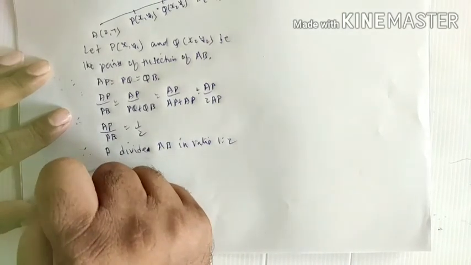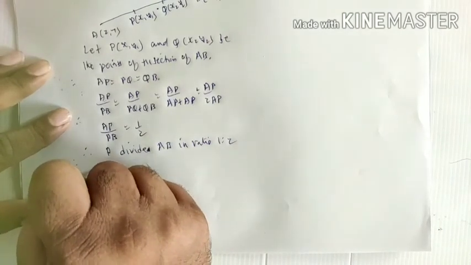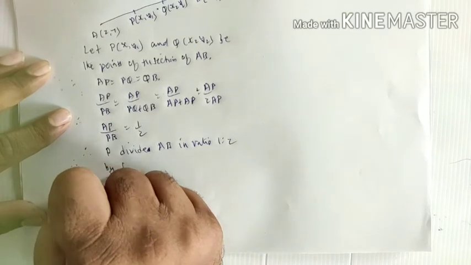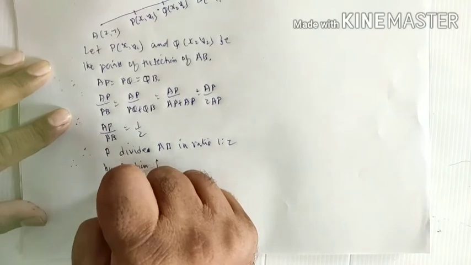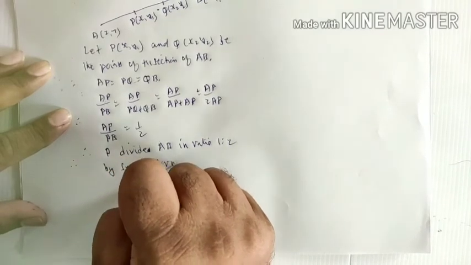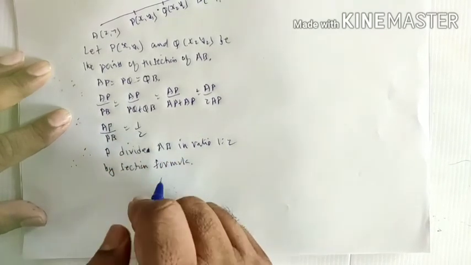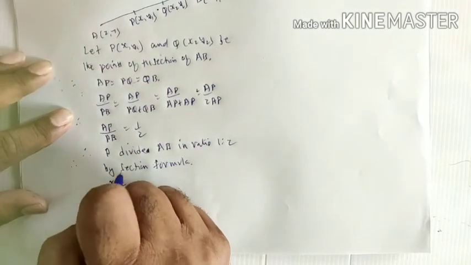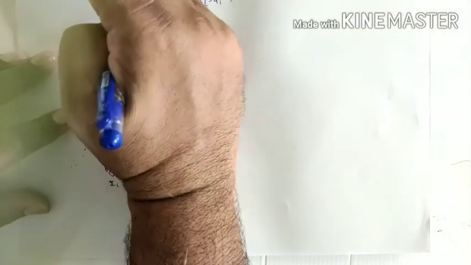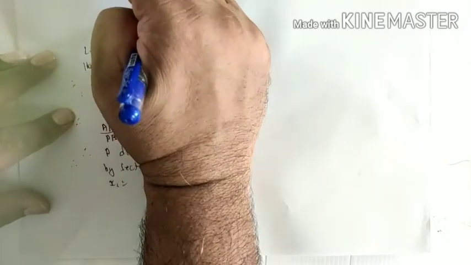Therefore, by section formula, see x1 will be equal to, now see here what is the ratio we are getting? 1:2.